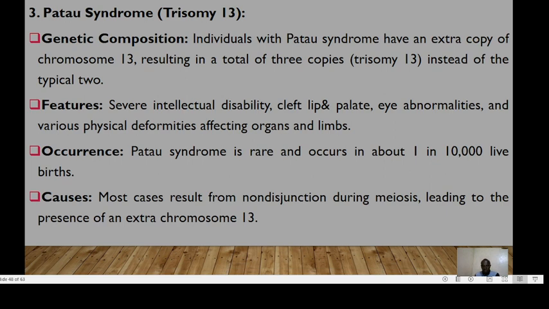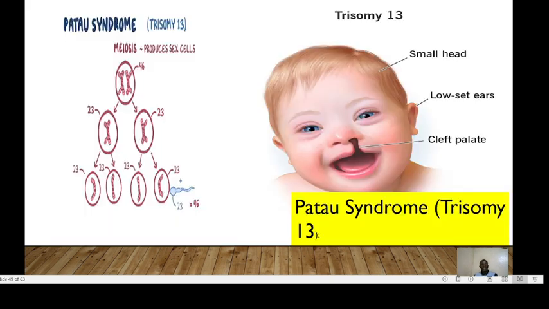Patau syndrome is rare. It occurs in around 1 in 10,000 live births. Most cases result from non-disjunction during meiosis, leading to the presence of an extra chromosome 13. Okay, so we have the patient here with low set ears, small head, and cleft palate.